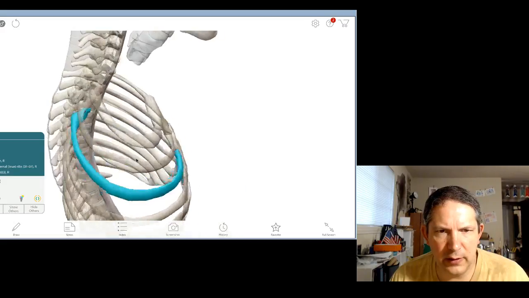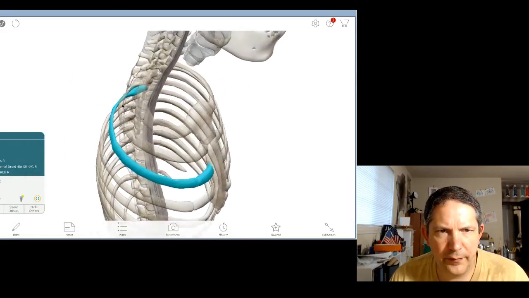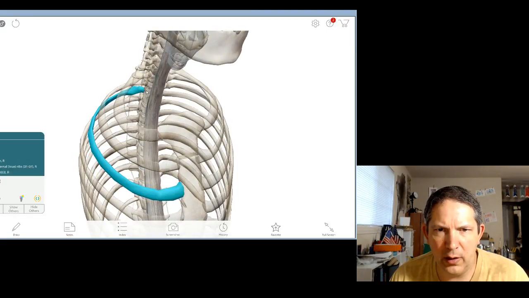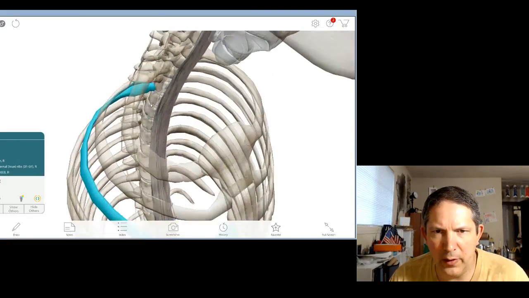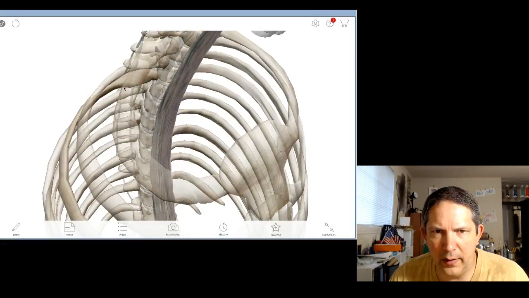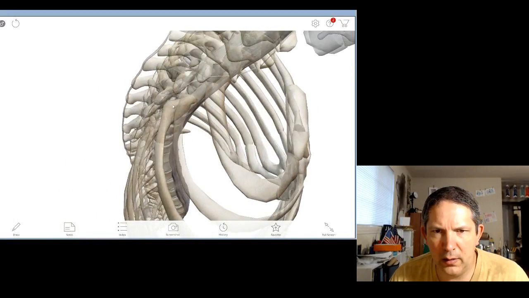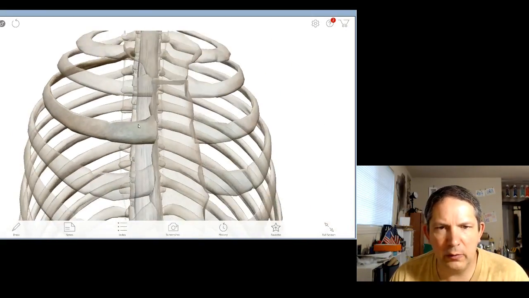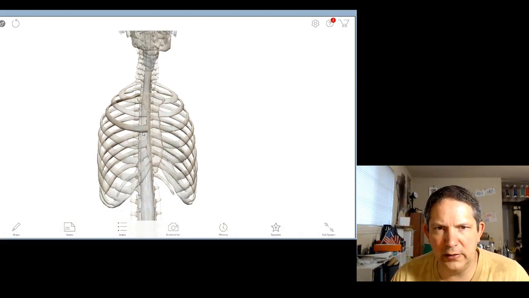The head of the rib attaches to the articular facet on the body of the vertebrae, and then the neck of the rib, head, neck, and then there's just the shaft. And yeah, that's it. I think we're done. Good enough for the axial skeleton.